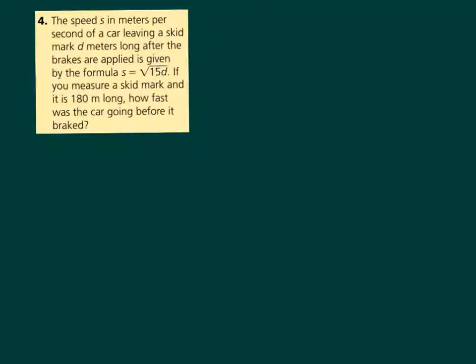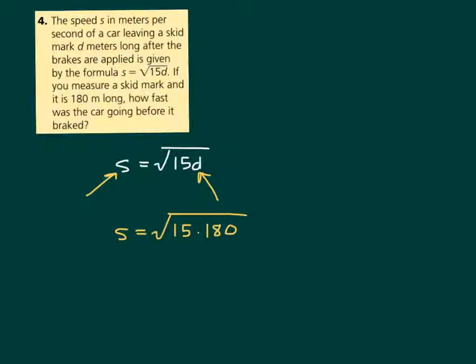So we have our equation. S is the square root of 15d. Does the 180 meters get plugged in for S or for D? Therefore, we have that S is the square root of 15 times 180. Using your calculator, what is that rounded to the nearest thousandth?